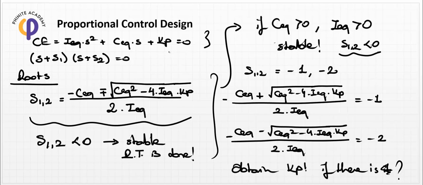We need some other constants to condition Cx and Ix, so that the roots can be placed anywhere on the s-plane.